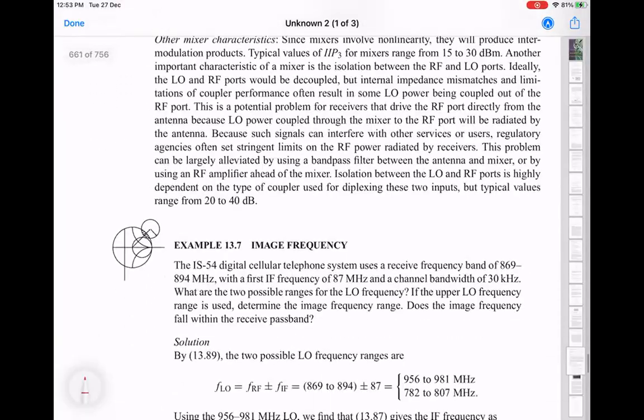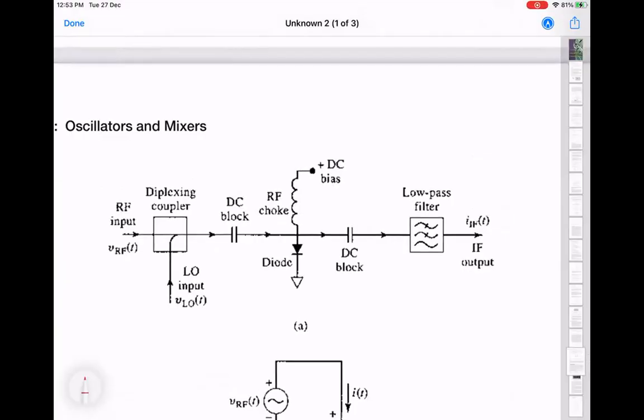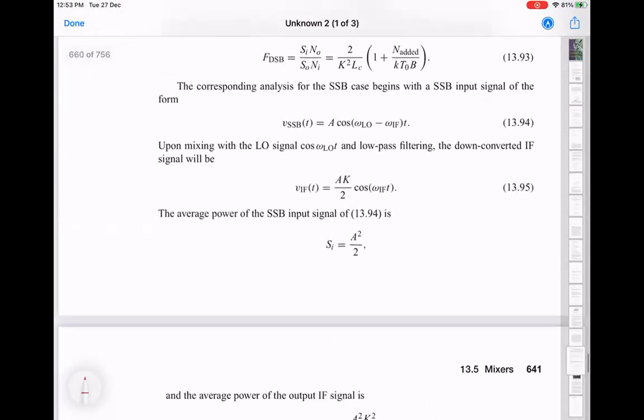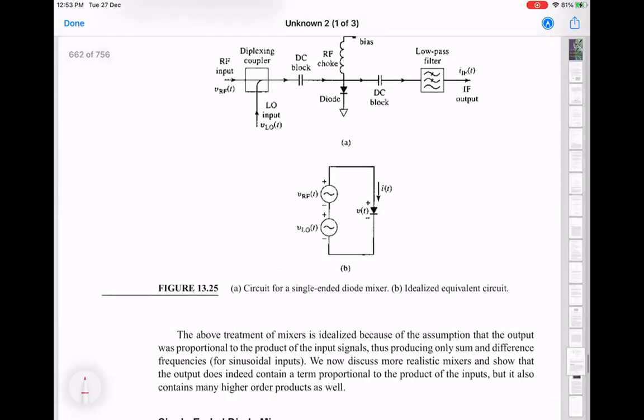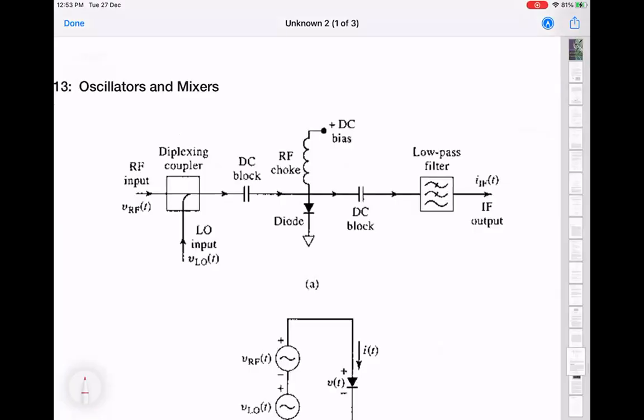What it actually looks like is, here is an example of a very simple mixer, which is also called a single-ended diode mixer. This is rarely used in practical design, but it tells you how the nonlinear nature of the diode is actually helping you.